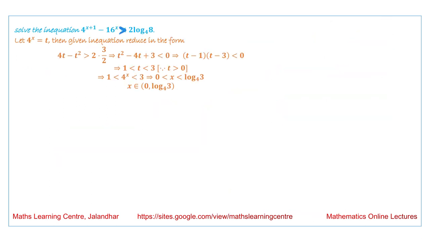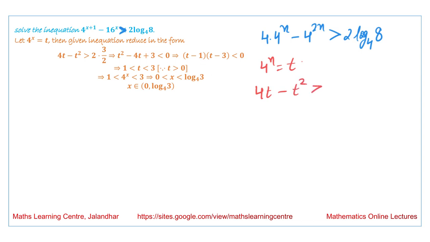Now next we have 4 raised to the power 4 into 4 raised to the power x minus 4 raised to the power 2x is greater than 2 log base 4 of 8. So if we substitute 4 raised to the power x is equal to t, this becomes 4t minus t square is greater than 2 into log 8.